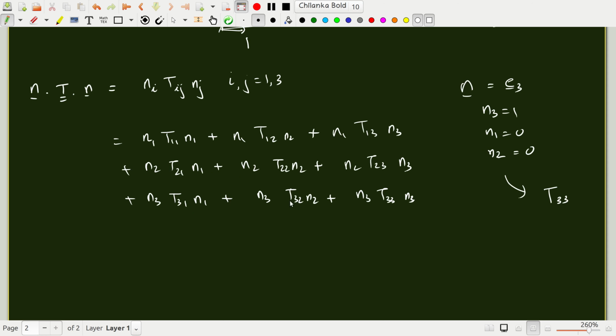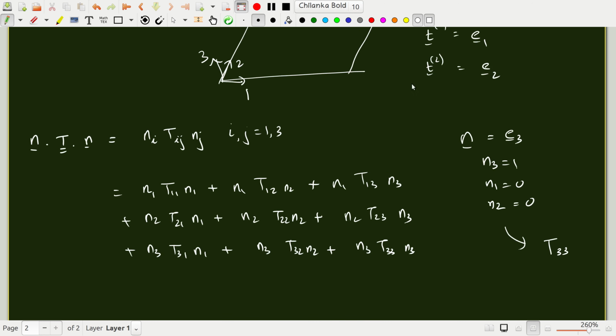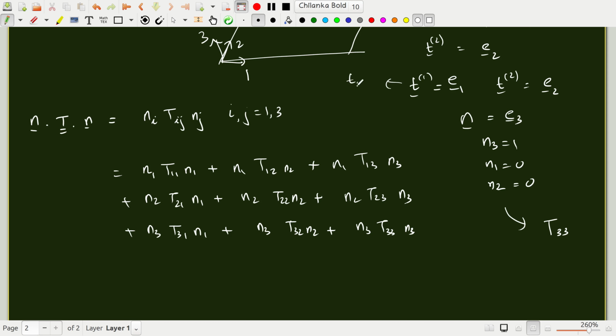For this particular case, t1 is simply along the 1 direction, it's e1, t2 is e2, so only t1 of 1 is 1, and t2 of 2 is 1. All the others are 0.